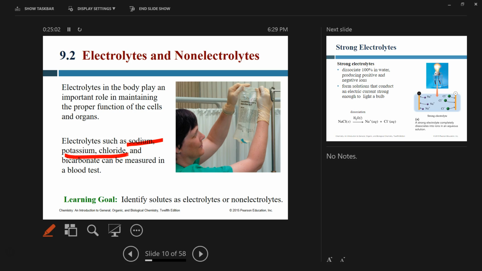So these ions are essential for the proper transmission of the nervous signal. The nervous signal is essentially electricity, right? So basically those ions are essential for the electrical transmission in the human body. Okay? So what happens to you if you don't compensate for electrolytes?